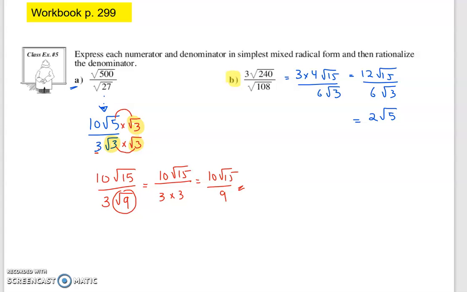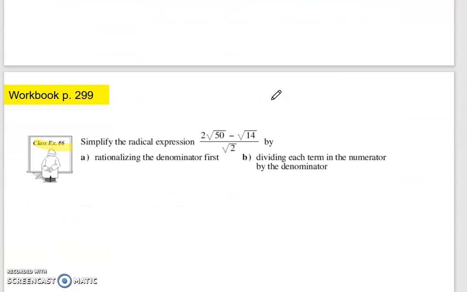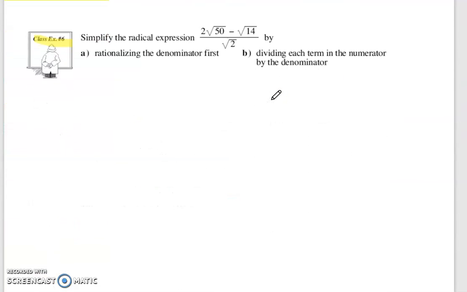Now, if you go into the next example, number 6, they want us to do that example by rationalizing the denominator and also by dividing by the denominator. So I'm going to do the second part first because that's something we already did in example number 3, where we divided the denominator into both the numerator and denominator.